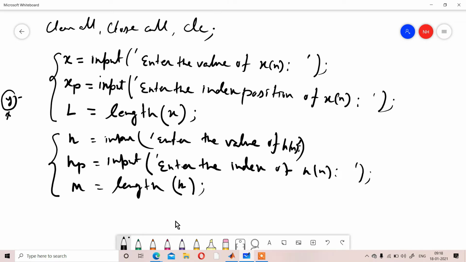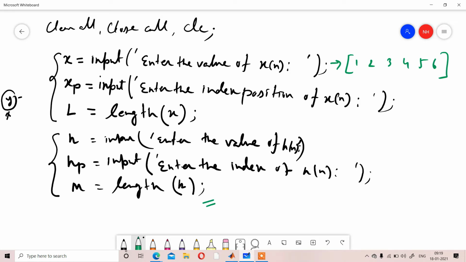At that point, you know x, that is 1 2 3 4 5 6, and you know the starting position, and the index position of x is also known.